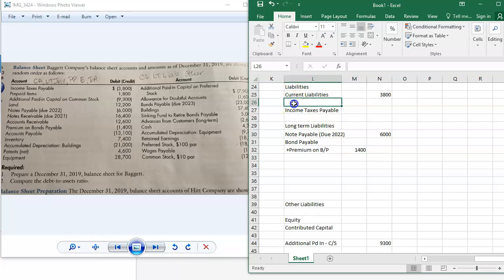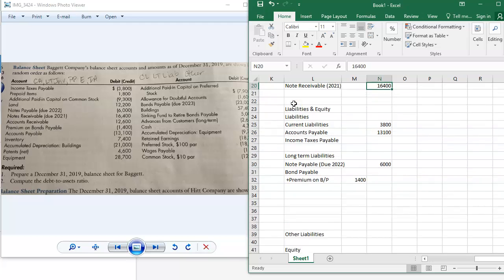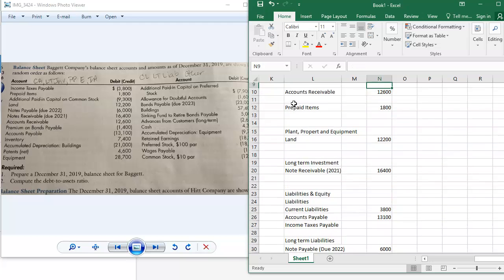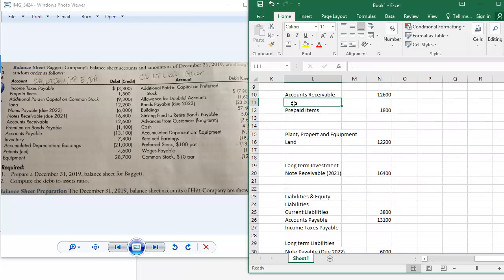Accounts payable 13,100. Inventory, it's current assets. $7,400.